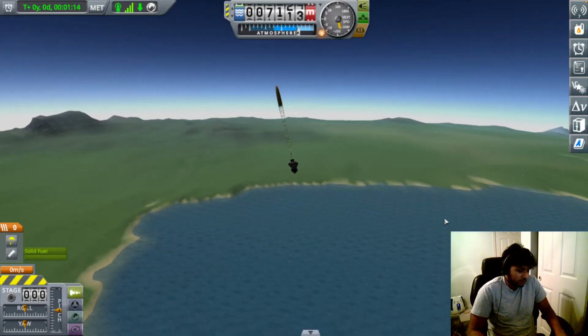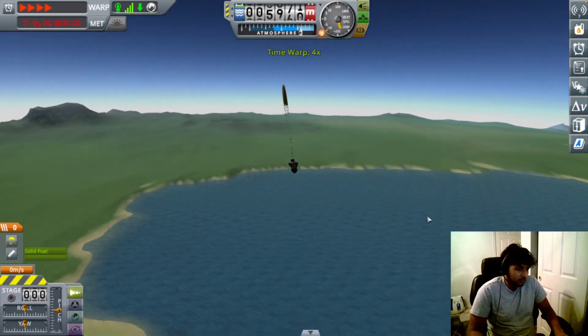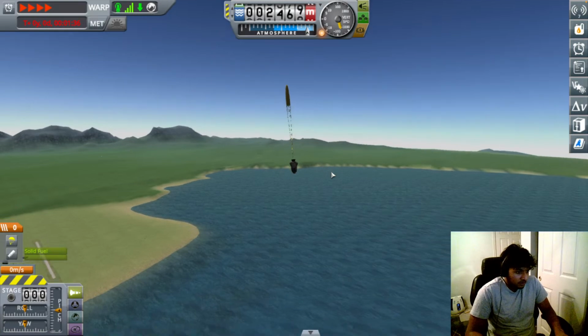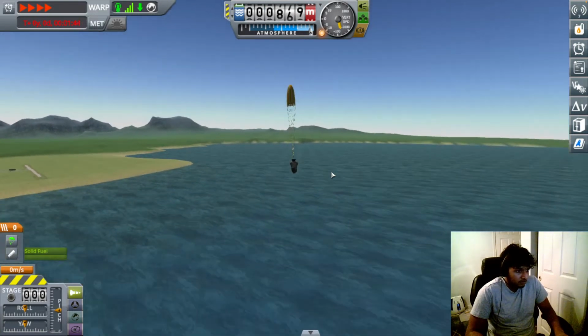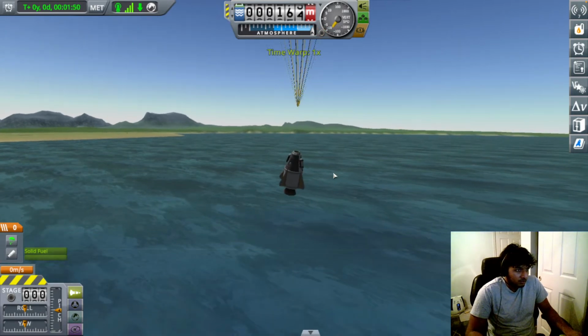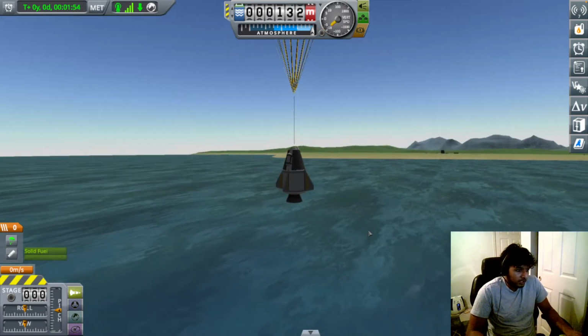Coming down here for our second flight of Popper. We are landing it for recovery. Back to time warp of 1, and we are coming in for a nice clean splashdown here.